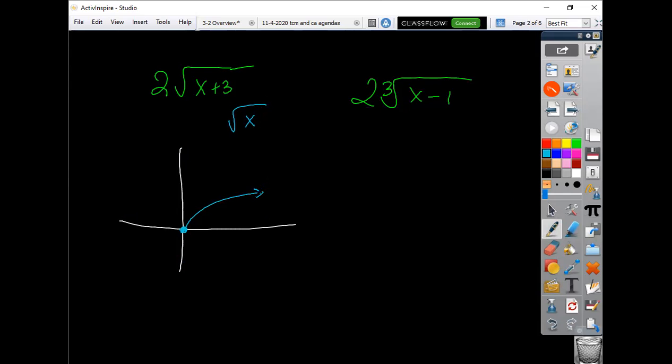And then in this case, if you add to it your +3, which would be 3 to the left, this starting point here moved over here, 3 to the left, and then a stretch factor of 2. So if I went over 1 and this goes up this much, when I go over 1 here, it should go up twice that much. So it's going to be a steeper looking graph, but still that same shape. Stretched it vertically.